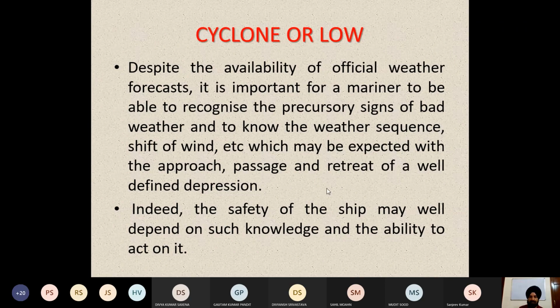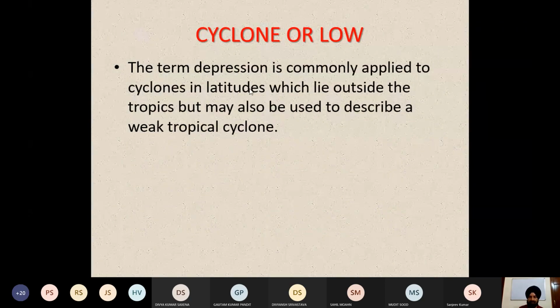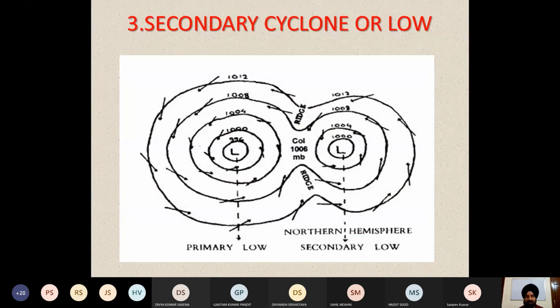So the term depression is commonly applied to cyclones in latitudes which lie outside the tropics, but may also be used to describe a weak tropical cyclone. So that was your cyclone and low pressure, and there is a secondary cyclone or low. So for this, the isobaric pattern looks like this. In the northern hemisphere, primary low.